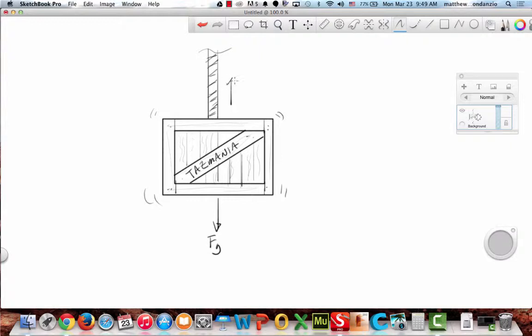Okay, so there's a force. I'm going to call it force T. And let me explain to you why I call it force T. T for tension. Rope has tension in it. What does tension mean? Someone talk about tension. Stress on the object.